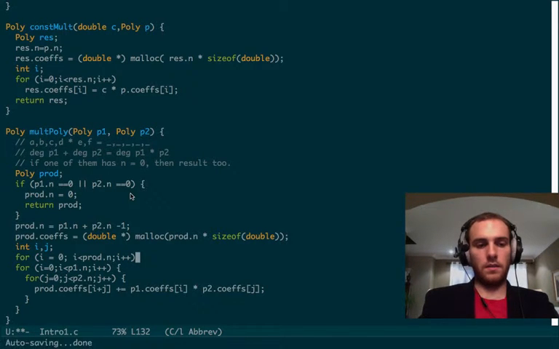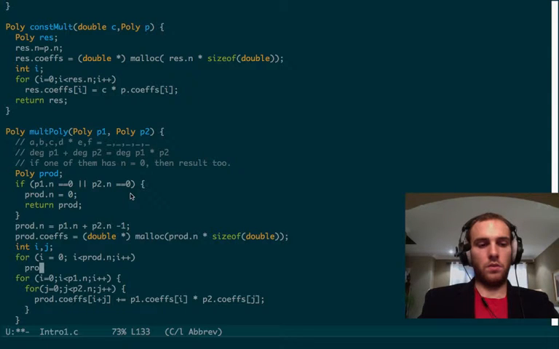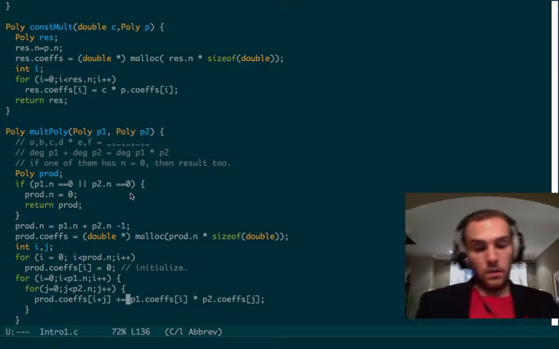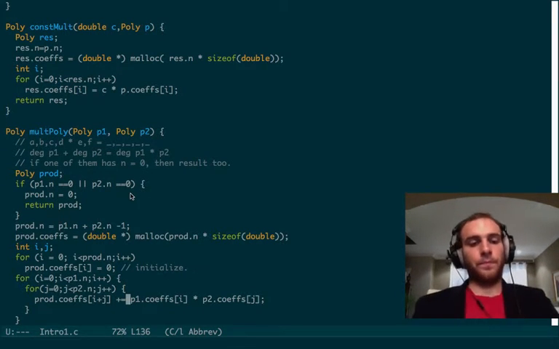Before you do any of that, you've got to put everything to 0. Initialize, because otherwise when you try to add to this position, you're going to get into trouble.